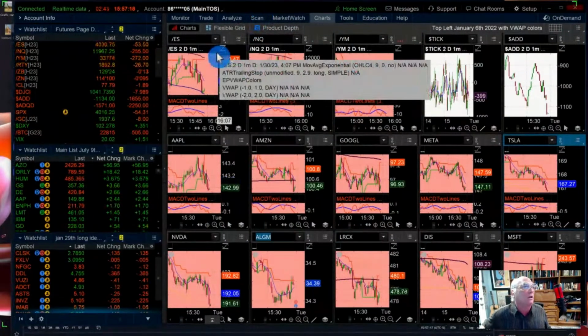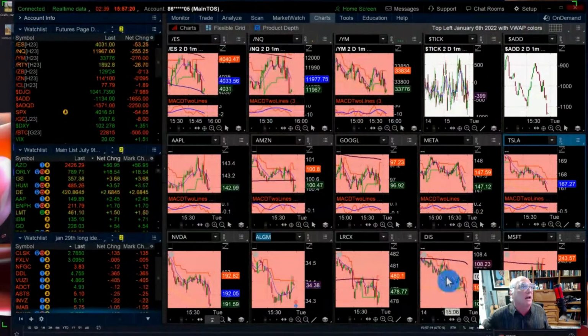We're right at support. But if the whole market opens up, that'll be one of the first I look to on the downside.